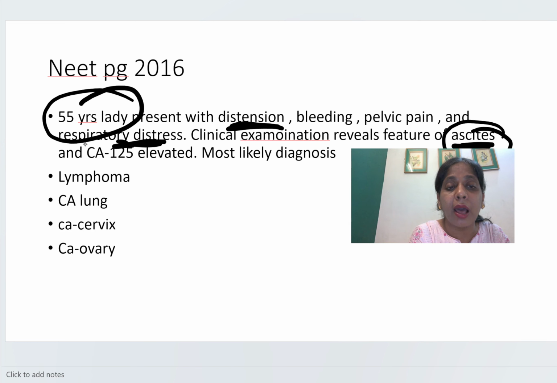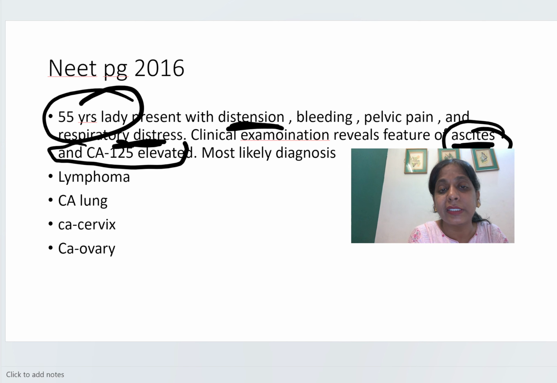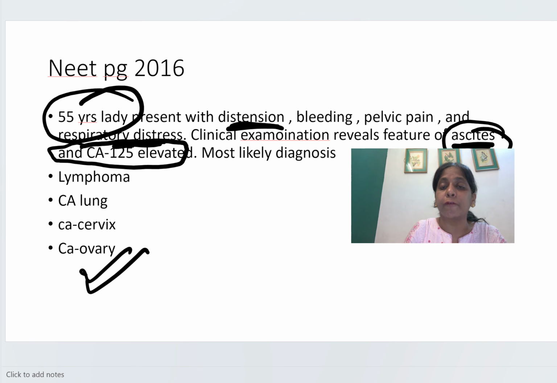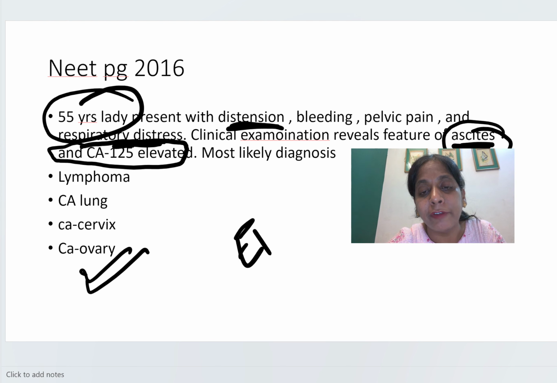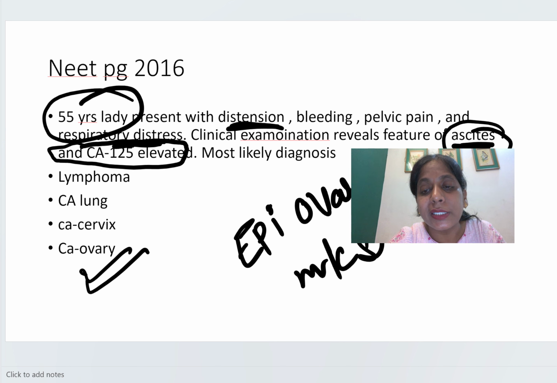The last confirmatory feature is that CA125 is elevated. If CA125 is elevated, then of course it is going to be carcinoma ovary. The tumor is an epithelial ovarian tumor, and the most common among them is serous cystadenoma.